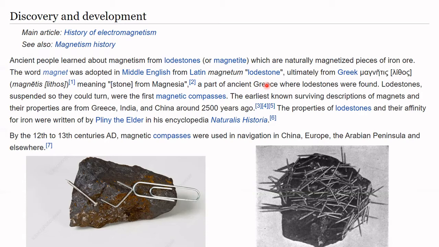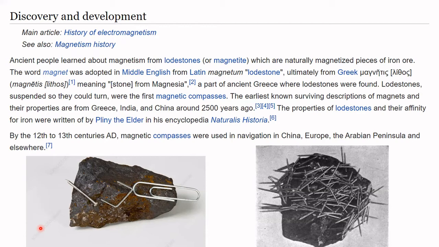Even to people nowadays, magnets are incredible, right? And, well, they didn't have paper clips back then, but they probably had chunks of iron. Was this before or after the Iron Age? But it was discovered that these chunks of rock called lodestones had an affinity for iron. There was an attraction there.